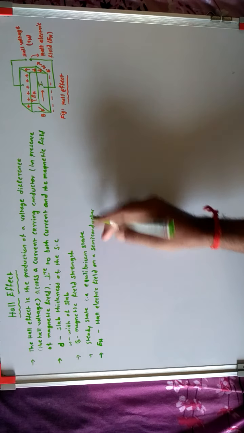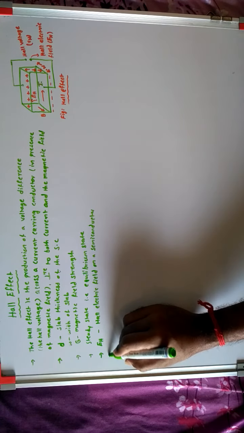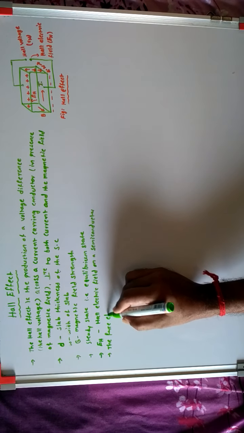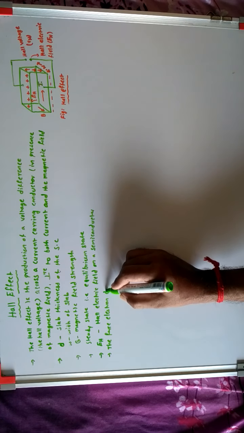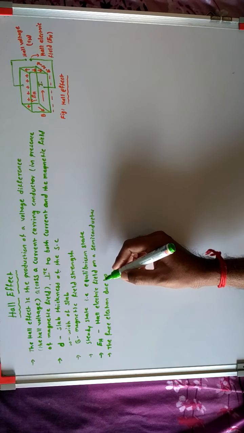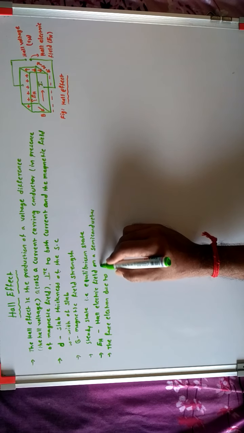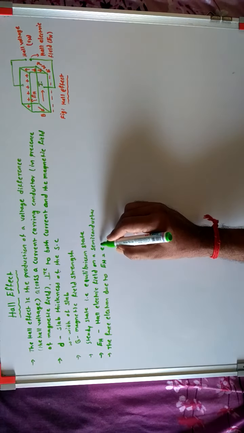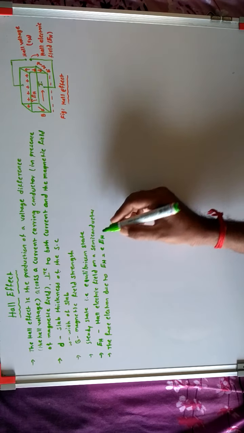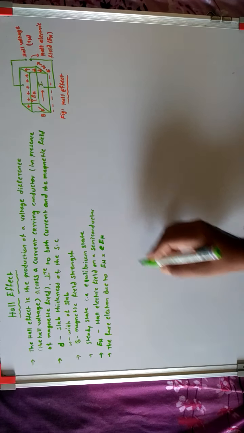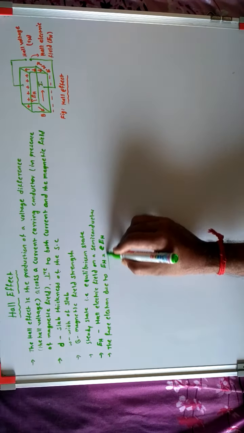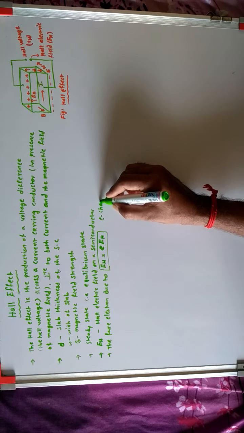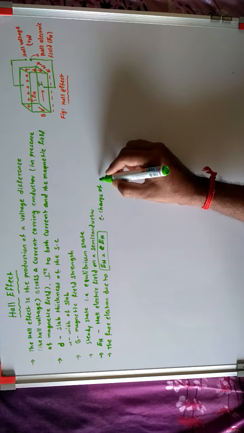The force on the electron due to the electric field EH is given by e EH, where e is the charge of the electron.